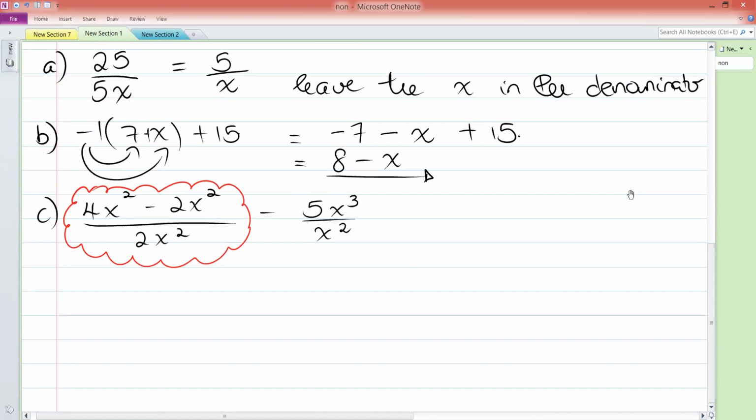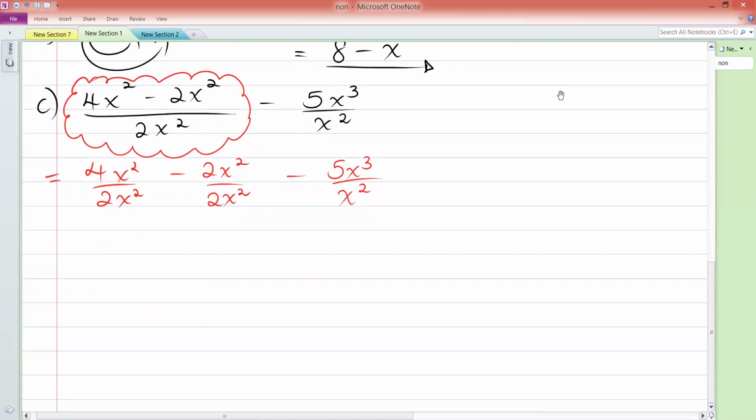Whenever you get questions like this, begin by splitting them. So you split it, and it becomes 4x squared divided by 2x squared, and minus 2x squared divided by 2x squared. Okay, so that's our first step. Once you've split it, look at the numerator and denominator and see if you have any like terms.